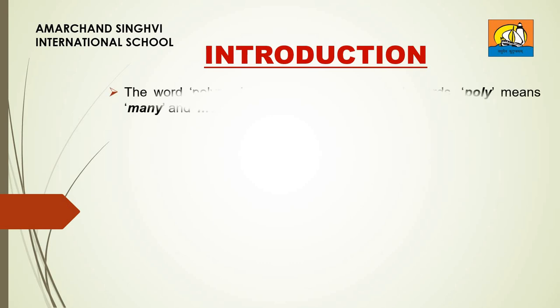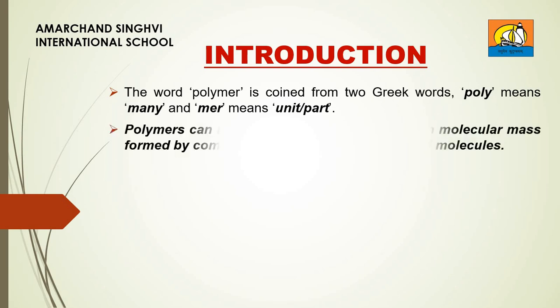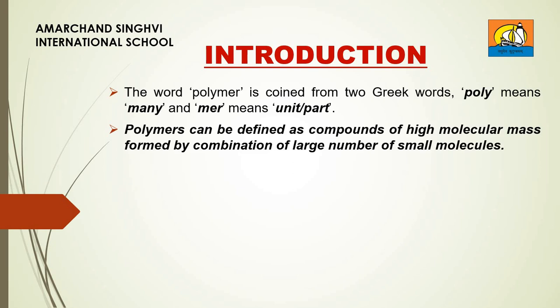The word polymer is coined from two Greek words. Poly means many and mer means unit or part. So polymers can be defined as compounds of high molecular mass formed by combination of large number of small molecules.